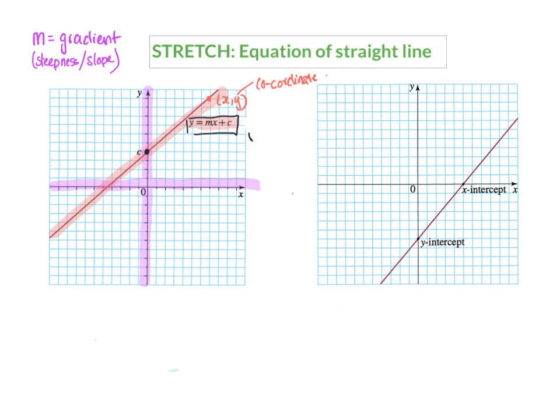The gradient, we might call it the slope. If we're trying to find the number by looking at the graph, we can say rise over run. There's one formula you can use, or we can use this other formula, which I'm going to write down: y2 minus y1 over x2 minus x1.